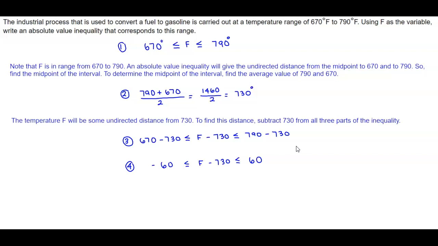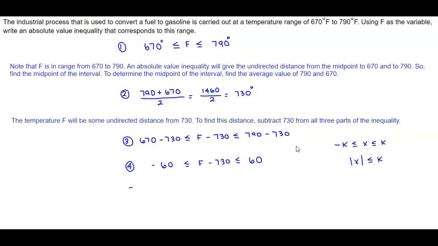Okay, so now we're kind of going in reverse, and if you remember when we talked about the definition of absolute value, if we have negative k less than or equal to an expression x, which is less than or equal to positive k, then this means the absolute value of the expression is less than or equal to positive k.